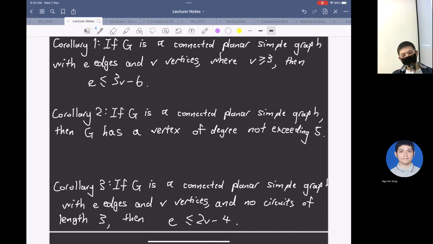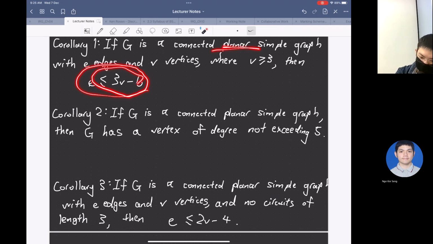Okay, so how are these three corollaries useful? Let me show you how to use them. We're going to use them as a contrapositive. So if it doesn't satisfy this condition here, then it will not be planar.